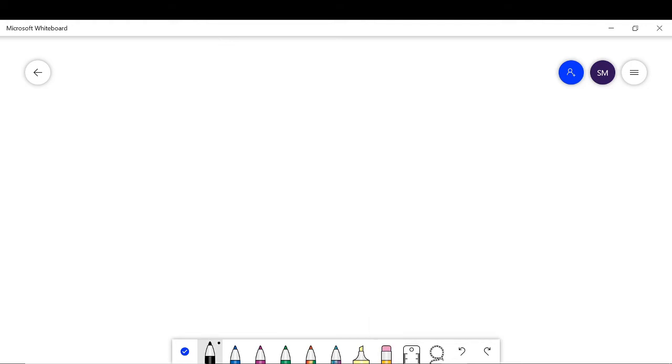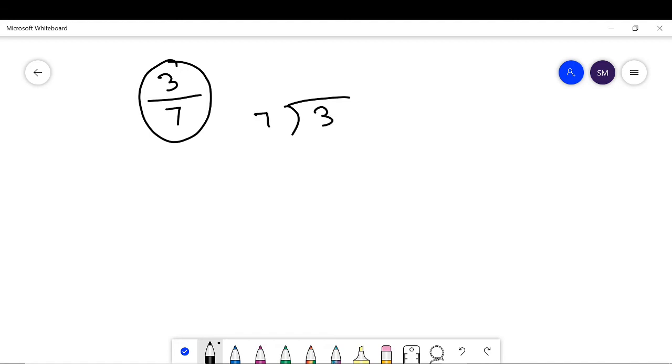Take an example. Suppose 3 upon 7. 7 is a prime number, not 2 or 5. We do not get a terminating number. Just look here. Make it a decimal.